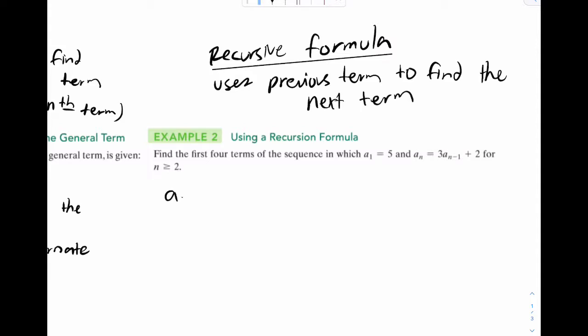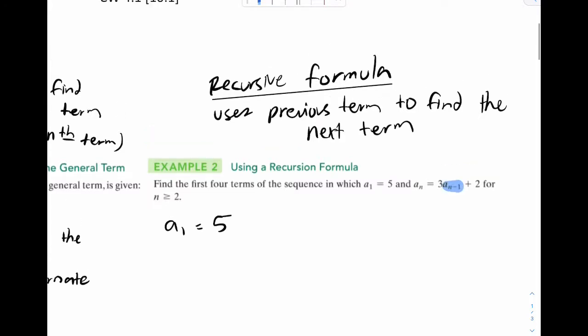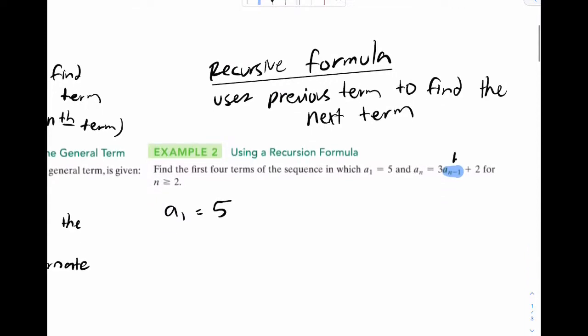So for example, a1 is 5, you write that down. What this thing means is the previous term. Previous, that's what a sub n minus 1 means. And a sub n is like, think of it as your current term. So to find the current term, you have to just do 3 times the previous term, add 2.